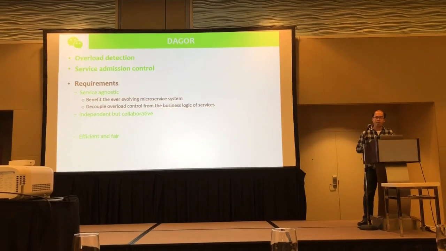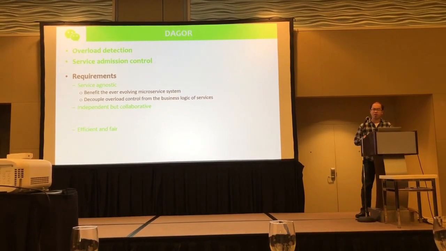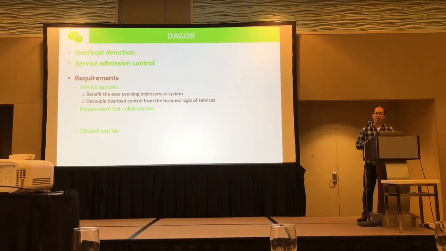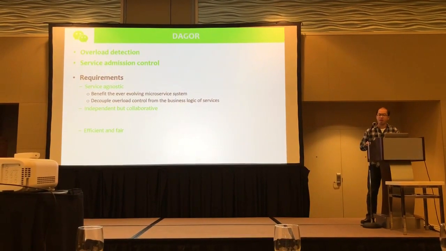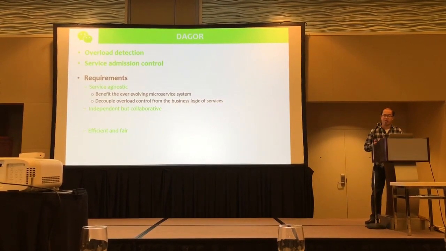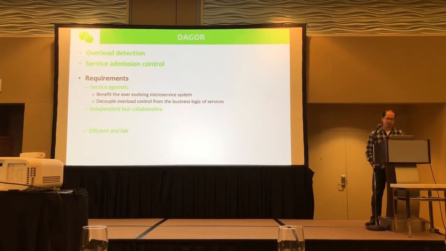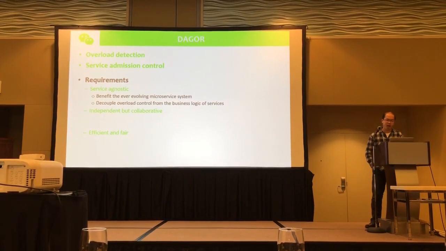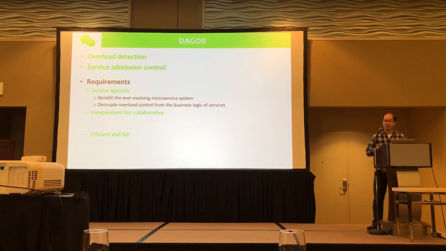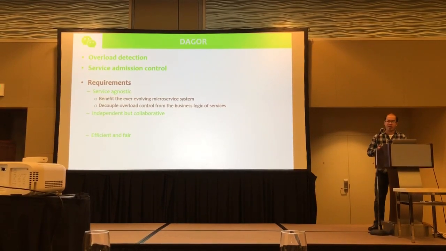Recall that we have more than 5,000 microservices in the WeChat backend. The business logic of the microservices is quite different, but we apply the same overload control to these microservices. This can benefit the ever-evolving microservice system, because WeChat is evolving very quickly.